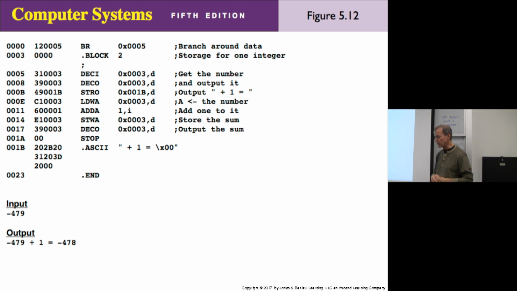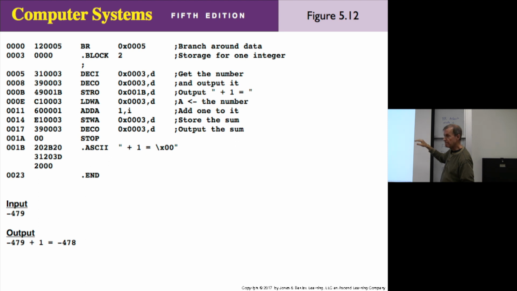Here's figure 5.12, which is the same as figure 5.11. But now, check it out. We don't have to do those ASCII characters one character at a time. We start off the same as before, branch to 0005. All right, and 0005 is our deci and our deso. But now look, after the deci and the deso, what do we have?